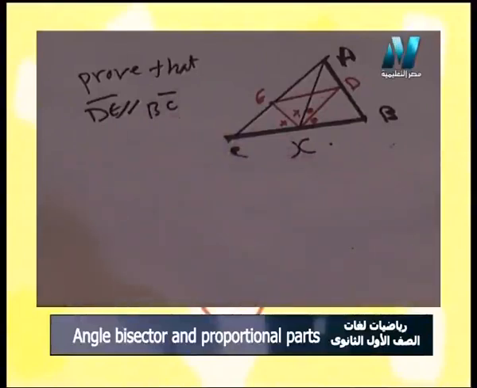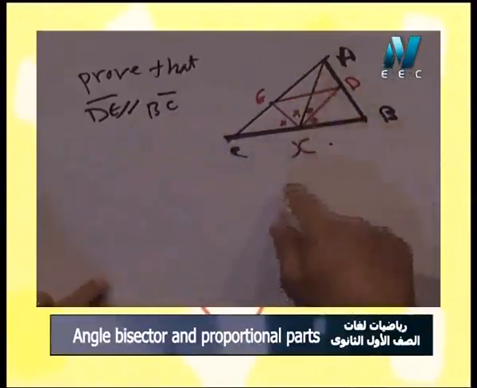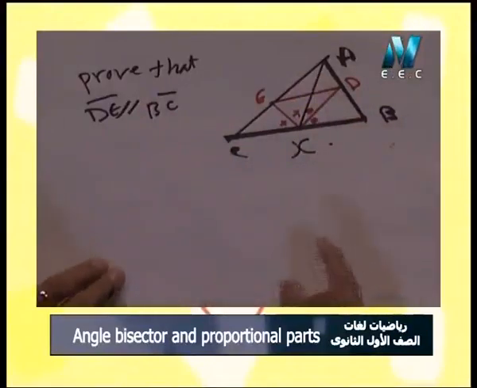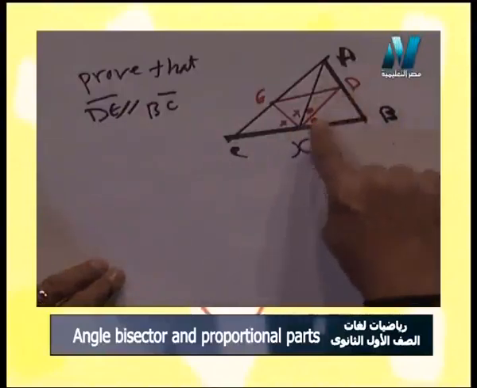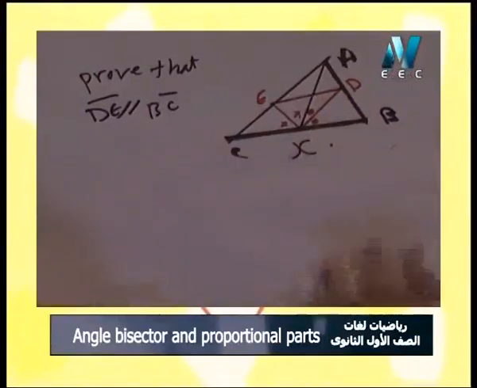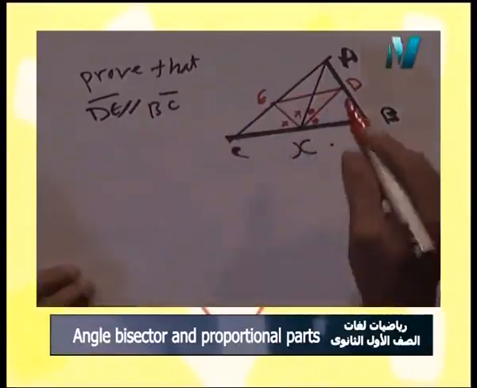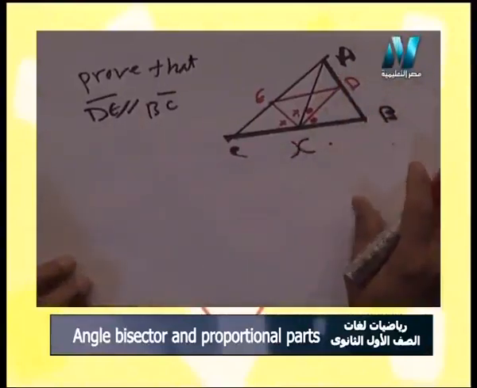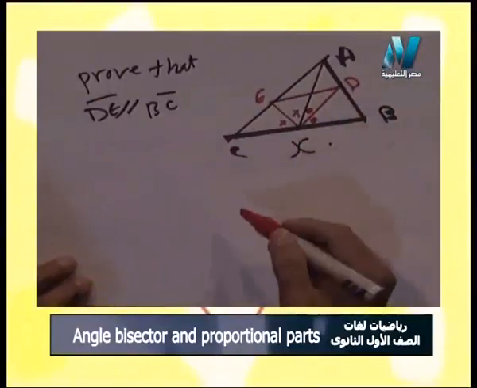We have a triangle ABC, and AX as a line segment between A and X, a bisector XD for this angle, and another bisector for this angle AXC. We will use the first triangle ABX and the bisector XD.